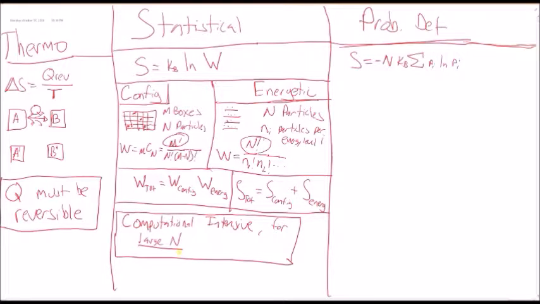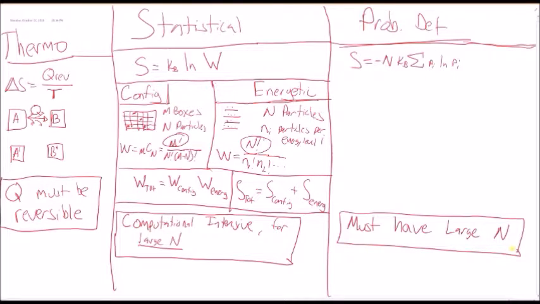And when you apply Stirling's approximation to the statistical definition of entropy, you get the probabilistic definition of entropy. So, obviously, that will create a very important condition for the probabilistic definition of entropy. You must have large N.